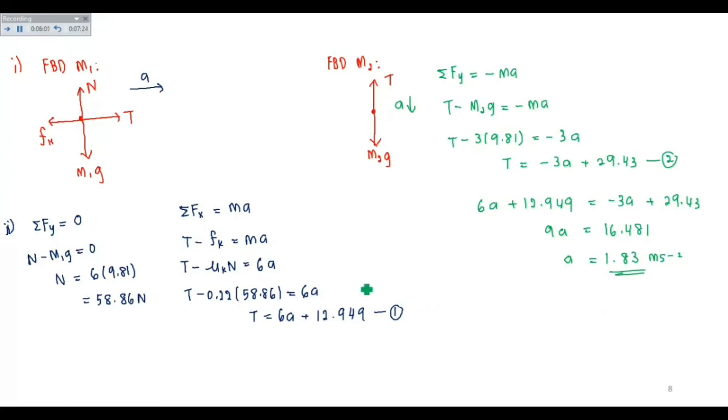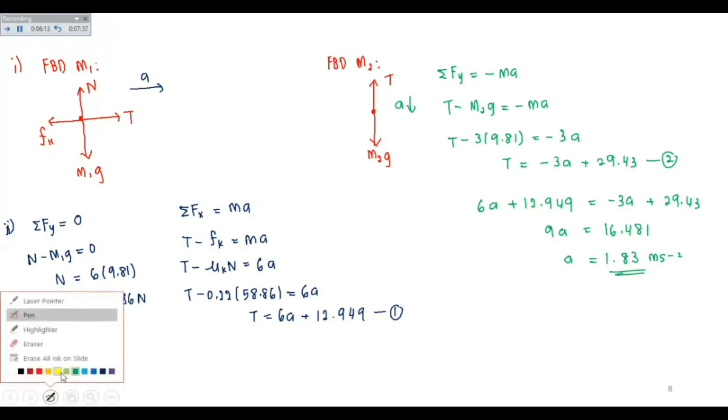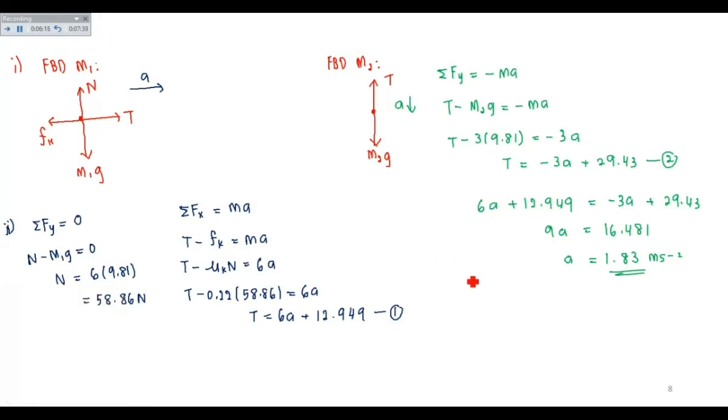So now kita solve soalan yang ketiga, which is tension. Question asks you to calculate the tension in the string. Kita masukkan value A equals to 1.83 ms^-2 ke dalam equation 1 boleh, equation 2 pun boleh.